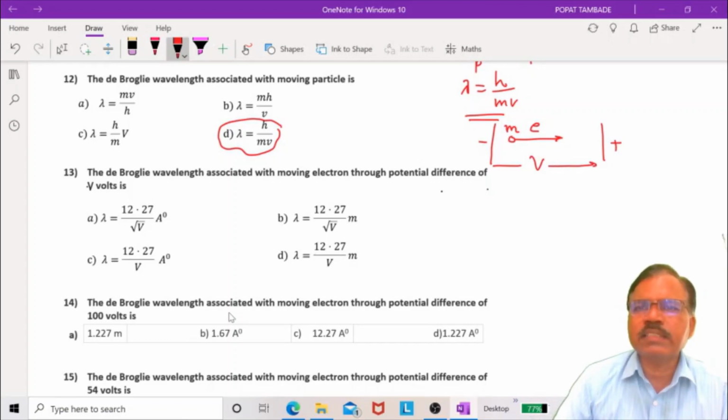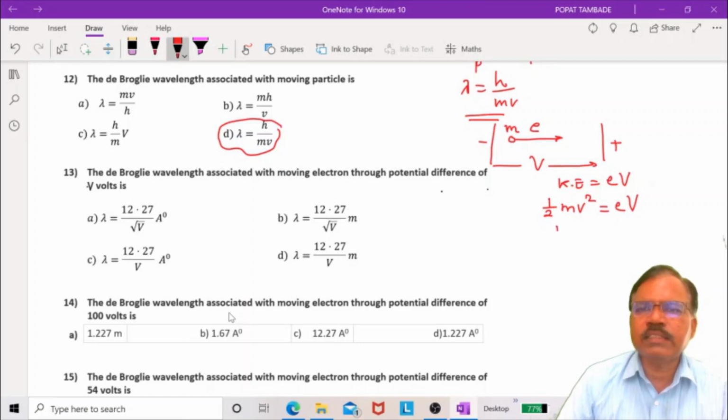It acquires kinetic energy equal to e into V.